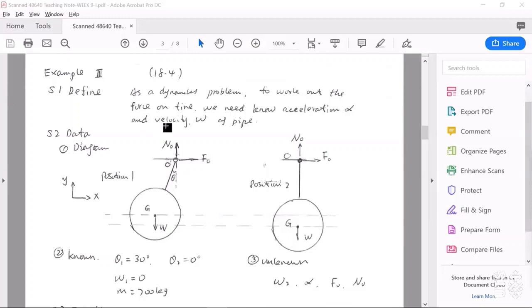Okay, how to solve this problem? If we define this problem, we will see the target is to work out the reaction forces at these two tines when the pipe is at its lowest position. If we define this point as O, that's the reaction force N_O and the friction force F_O.